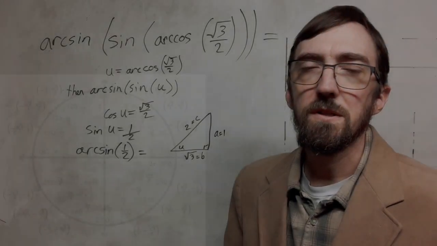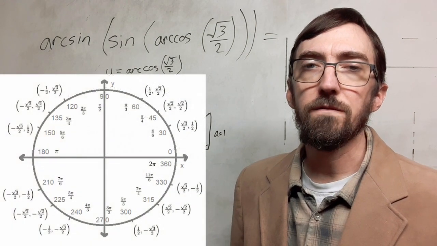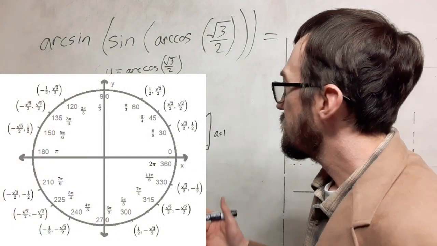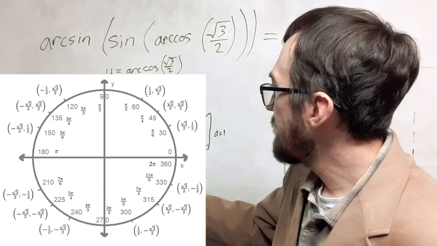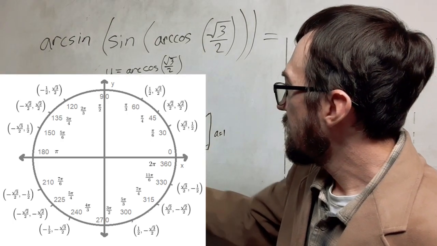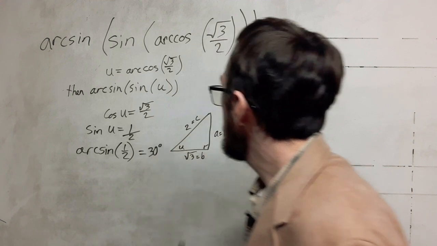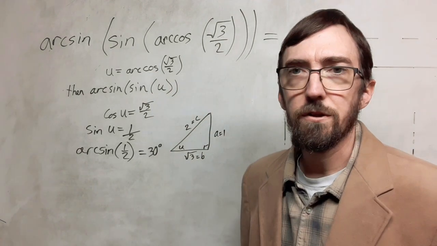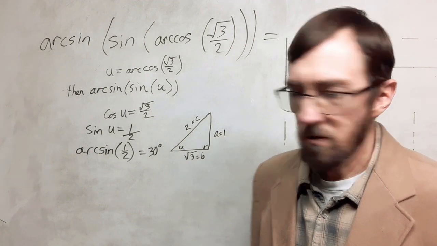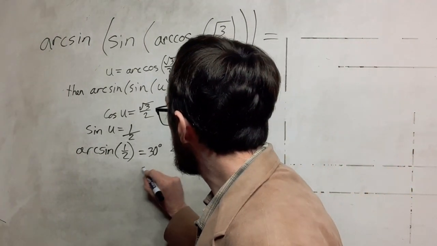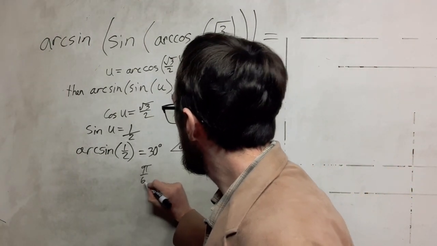If you have memorized a chart or have a unit circle to reference, you may be able to look on there and find that the arc sine of 1/2 is going to be 30 degrees if you are working in degrees. Or if we're in radians, we can say that this is pi sixths.